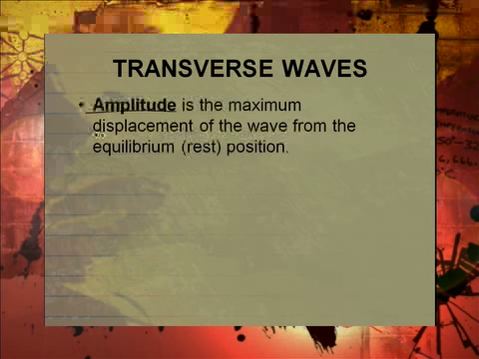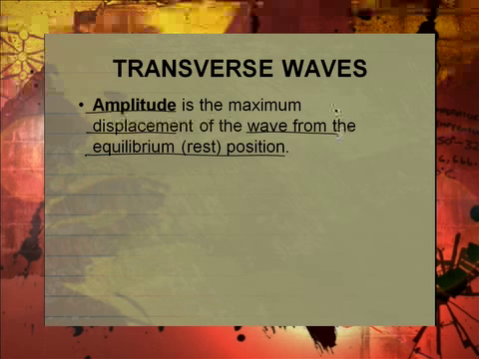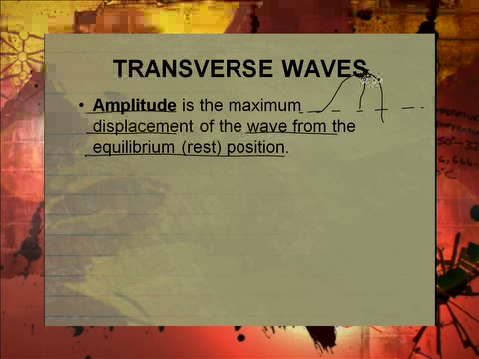This is the maximum displacement of the wave from its rest position or equilibrium. So from that wave that you saw there, if that was the rest position, that maximum displacement there is called the amplitude.